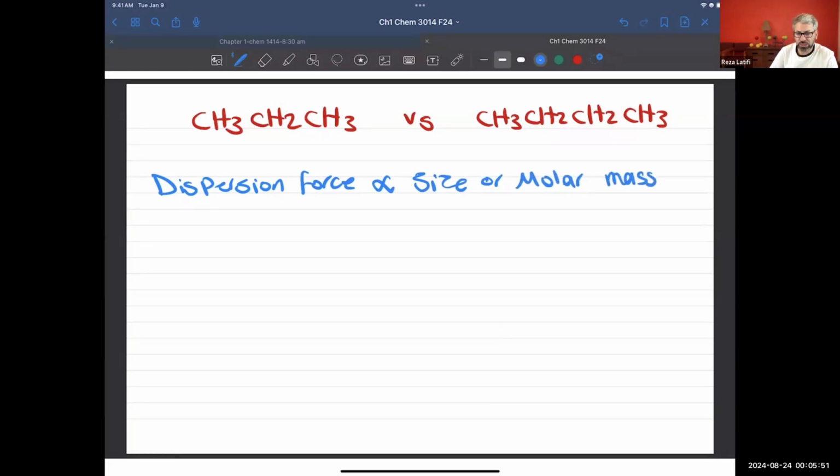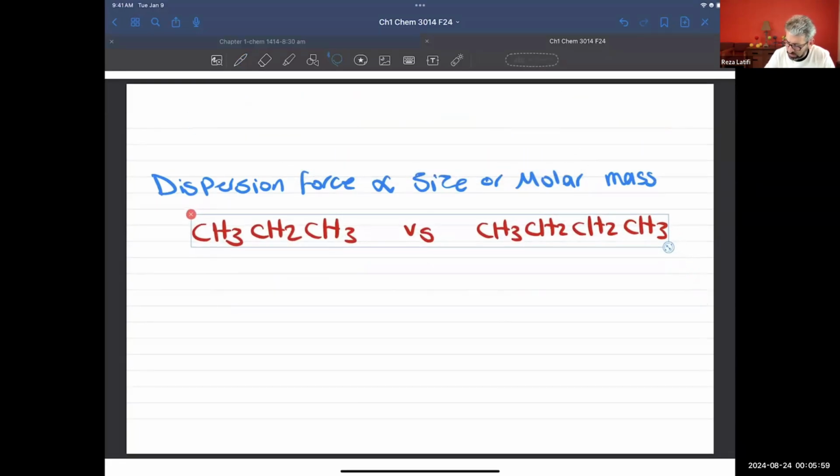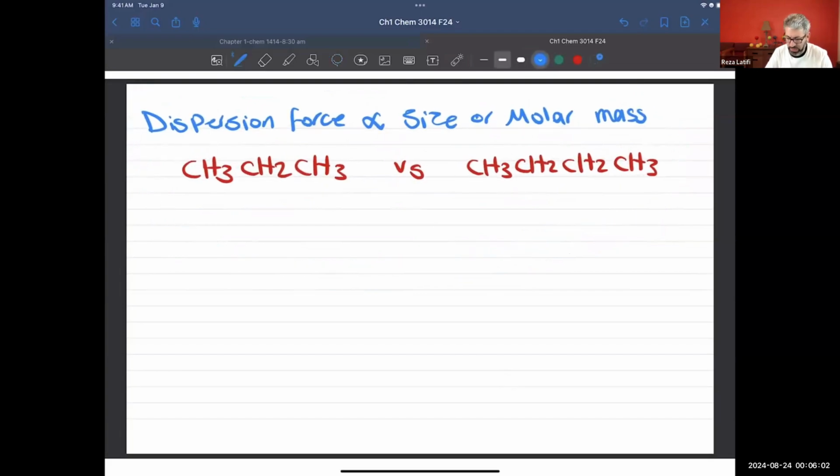In the example that I mentioned, the molar mass for C3H8 is 36 plus 8, that's going to be 44, around 44.